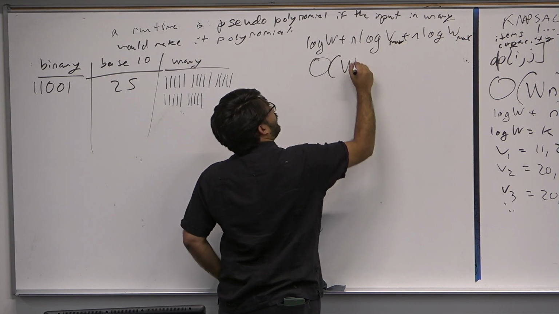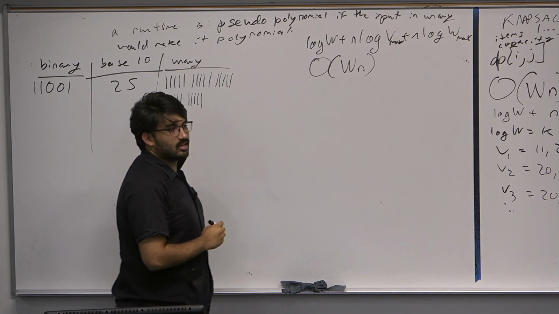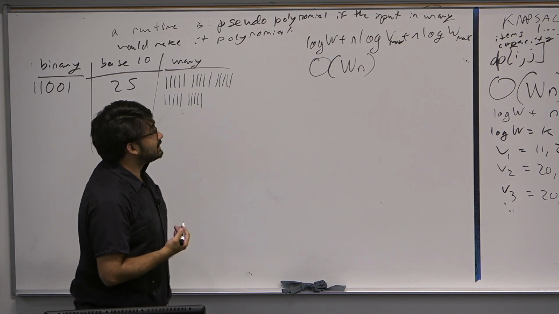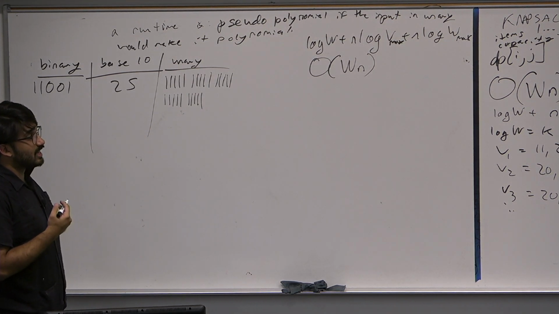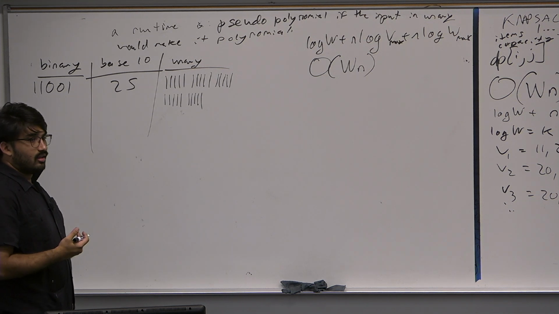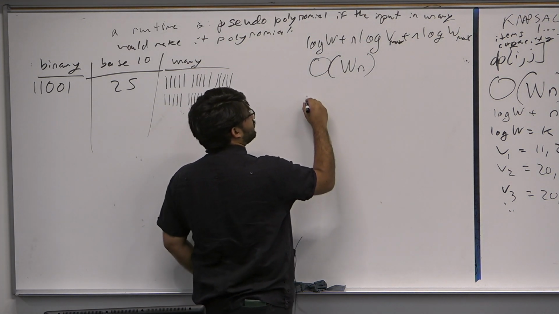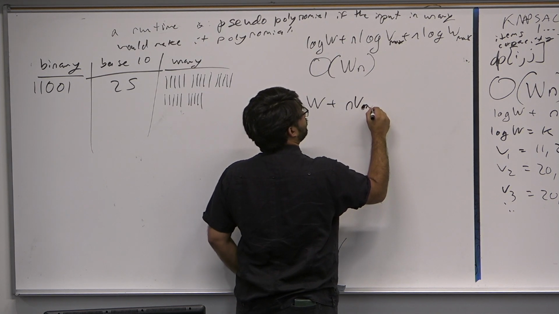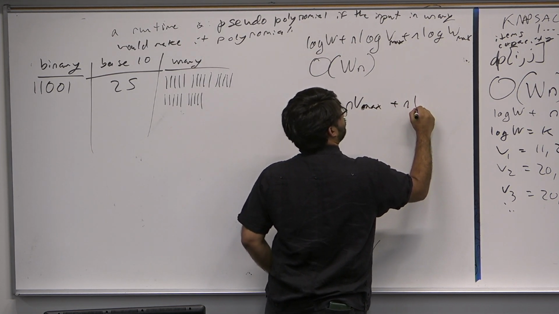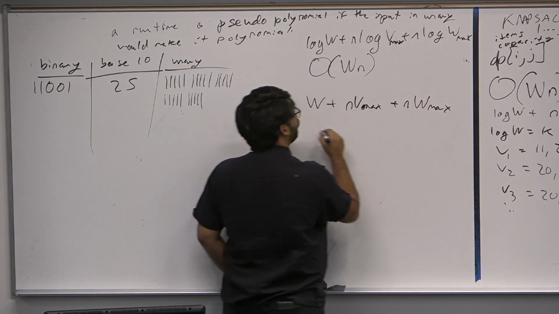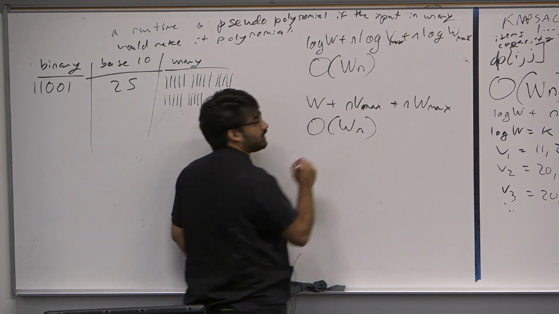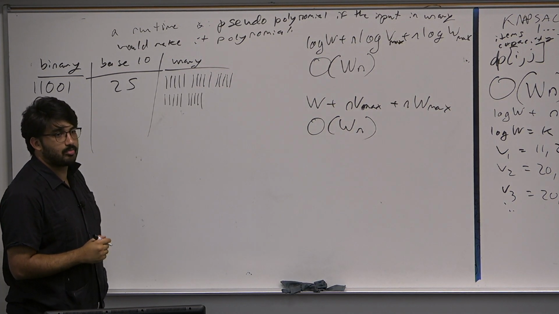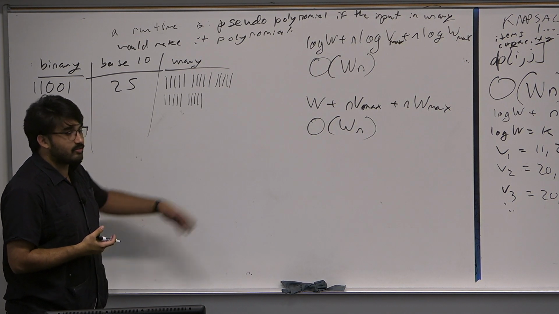From that size, this is an exponential algorithm. But instead, if we were to encode the input to Knapsack in unary, then we would have a size of W plus n V max plus n W max, right? And this runtime of O of Wn would not be exponential in the size of the input. It would just be polynomial in the size of the input, even though it's the same algorithm.